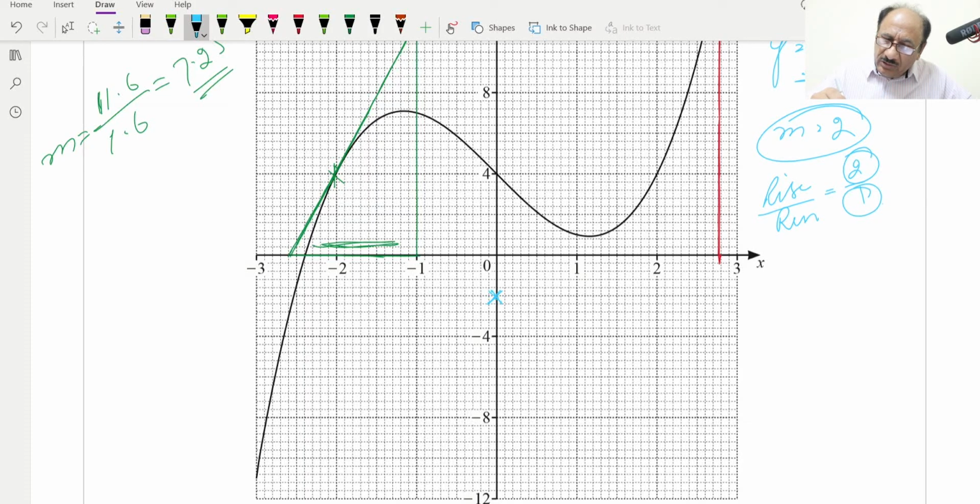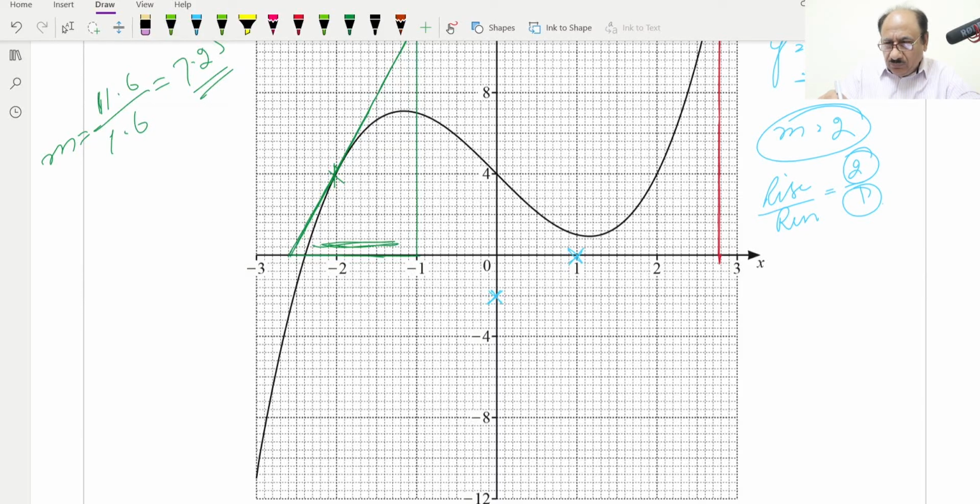From this point, 2 units up and 1 unit right, we will reach 1 over here. So our line is passing through these 2 points, and it is touching the curve. So we can draw this line.